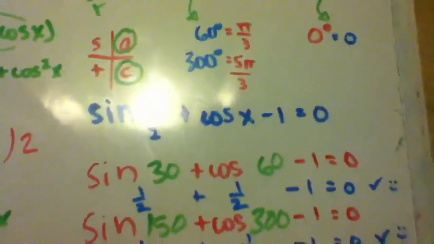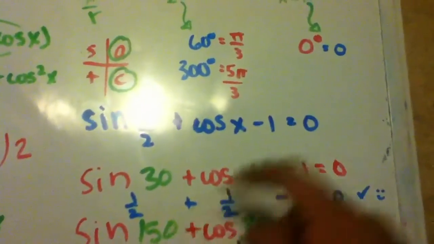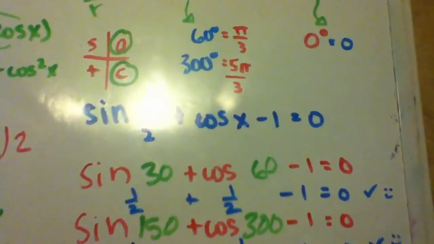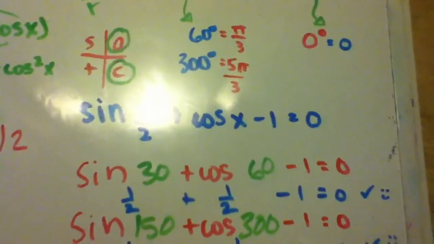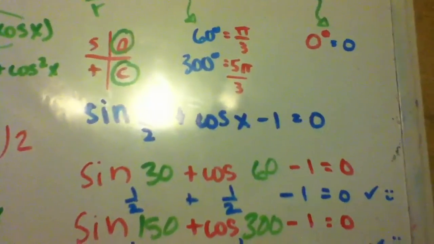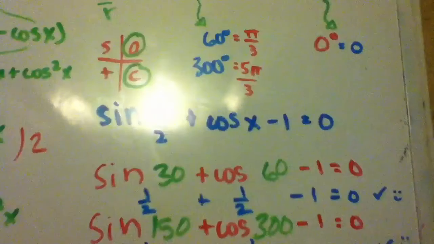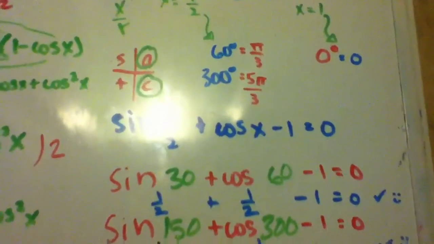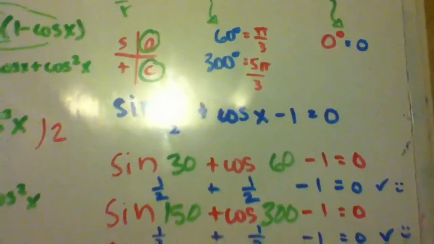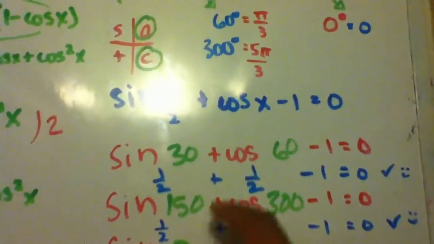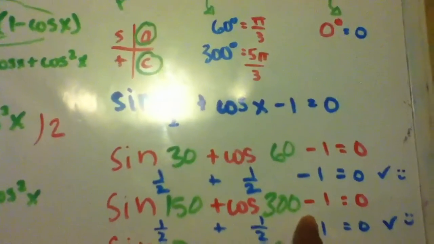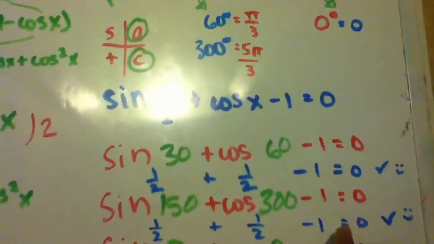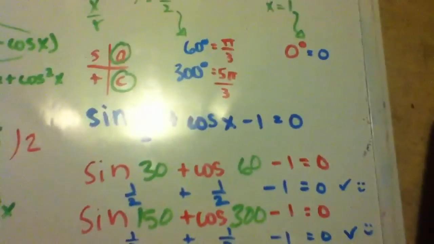And then we have sine of 150, which is half of 300, plus cosine of 300 minus 1. Sine of 150 is 1/2, taking into consideration the reference angle of 30 degrees, and it is positive, and the same with cosine, so it's 1/2 plus 1/2, which is 1, minus 1 equaling 0, so that works as well.